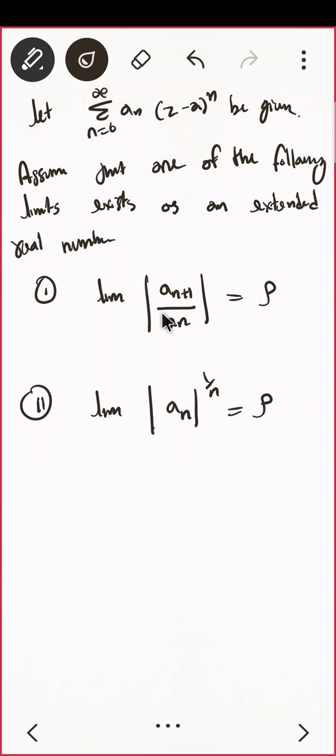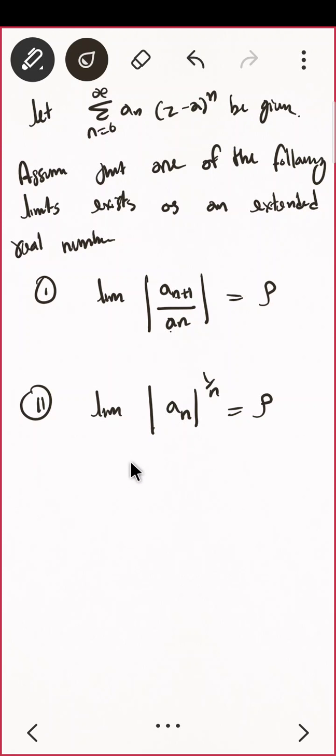If you remember, this is your ratio test and this is your root test. In the ratio test you used to find a_(n+1) upon a_n, and in the root test you used to find this, and if this rho is less than 1, then you used to say it is convergent.